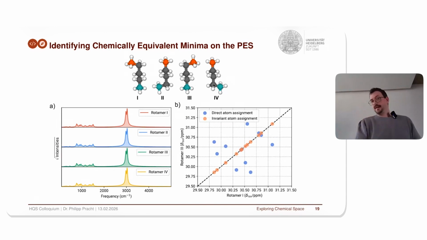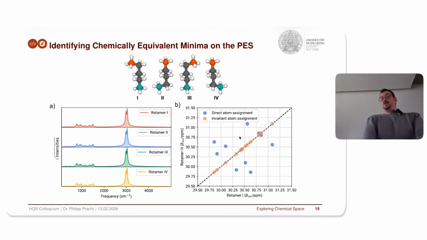You can likewise interconvert 3 and 4, but you can't interconvert 1 and 3 or 2 and 3 and so on, because this needs a mirror operation. All of these still are rotamers. They are giving the same observables. On the left, you're seeing IR spectra. These are identical.